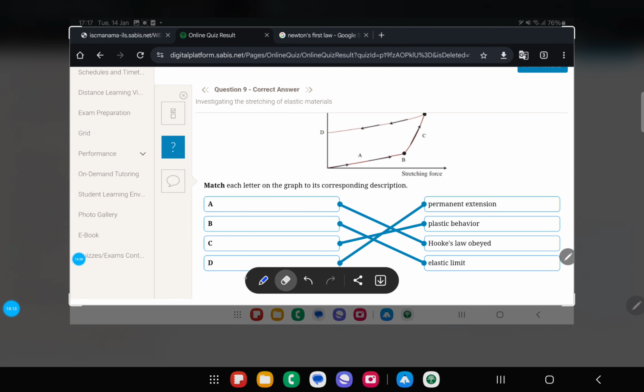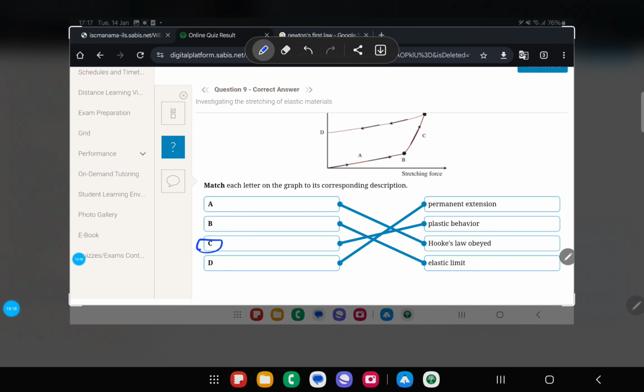Alright? Okay, for part C, it's plastic behavior. So now when we extend it past its elastic limit, it will obey the behavior of a plastic. This is C. What's the behavior of plastic? Take a plastic bottle, for example.